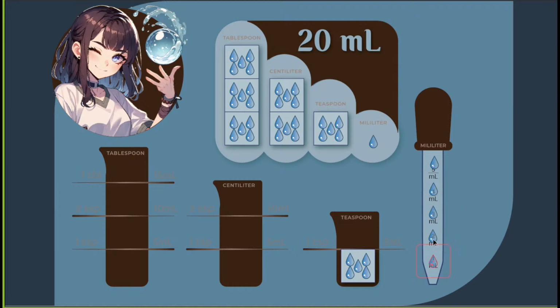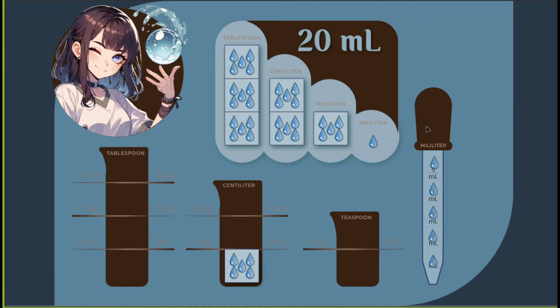If we were to put all 5 of these milliliters inside of this teaspoon beaker, it would overflow. We don't want that. So we're going to take this teaspoon and pour it inside of the next size up, the centiliter beaker. This can hold up to 2 teaspoons or 10 milliliters.